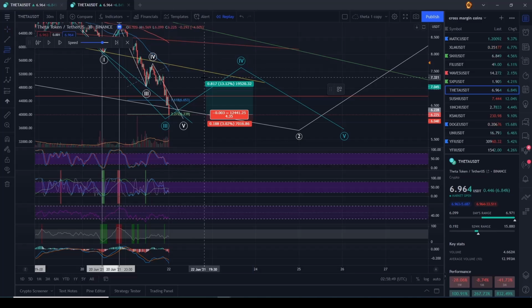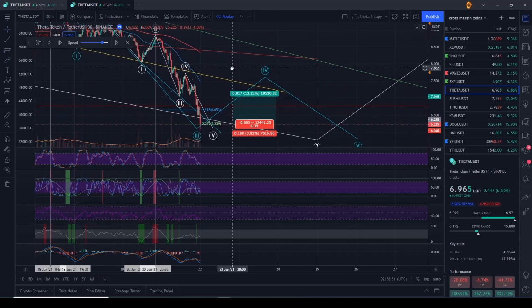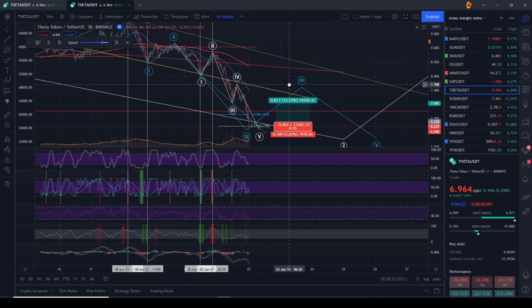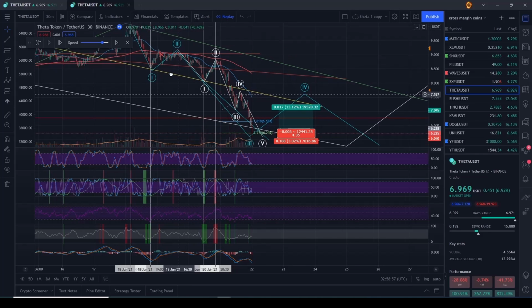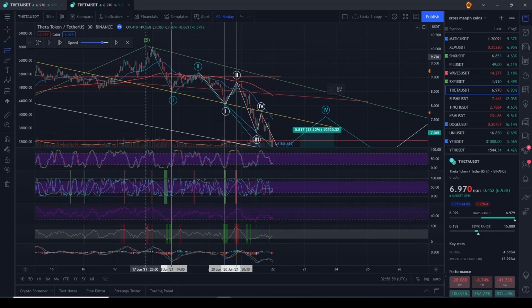I think the 4th wave, I had the 4th wave a bit high, simply because the 2 was shallow.